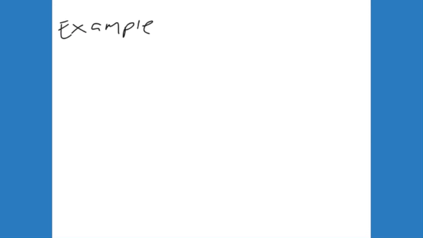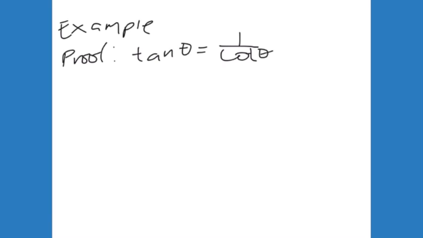Prove or establish the identity of tangent theta is equal to 1 over cotangent theta.